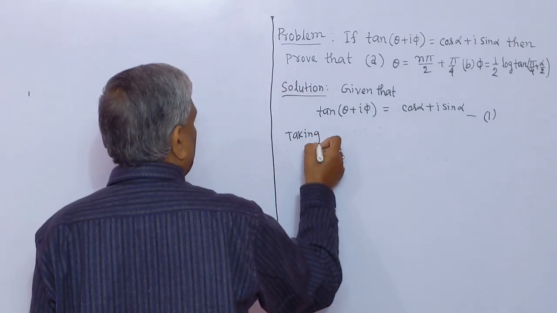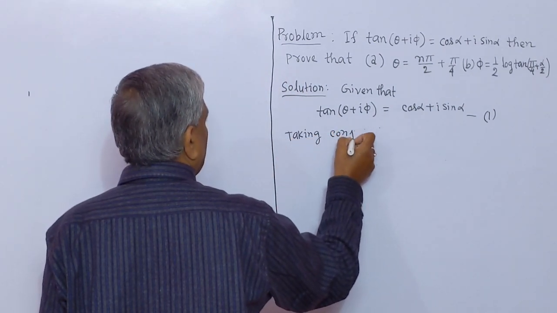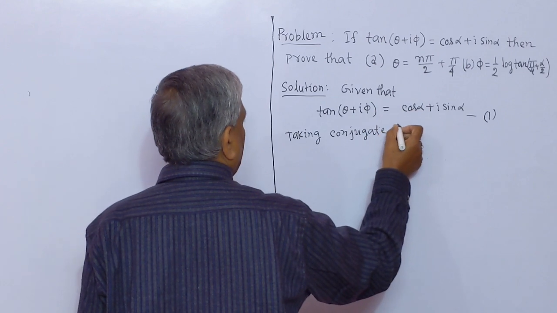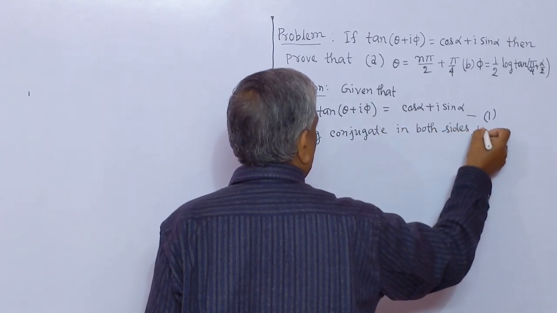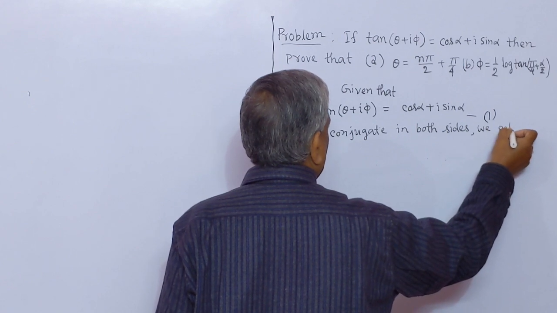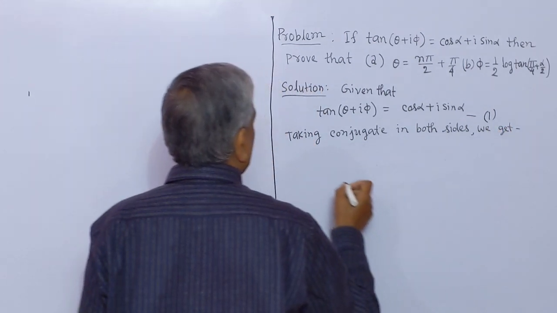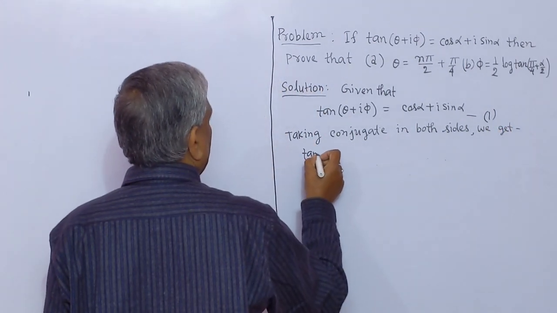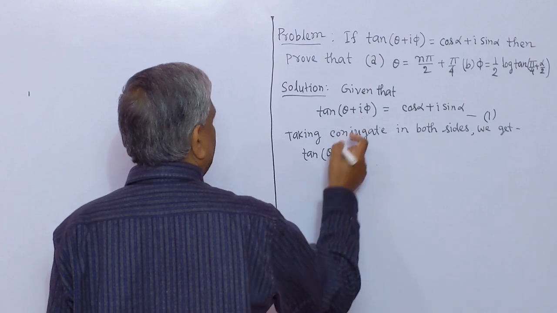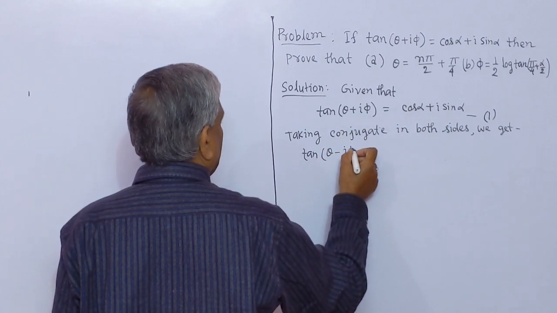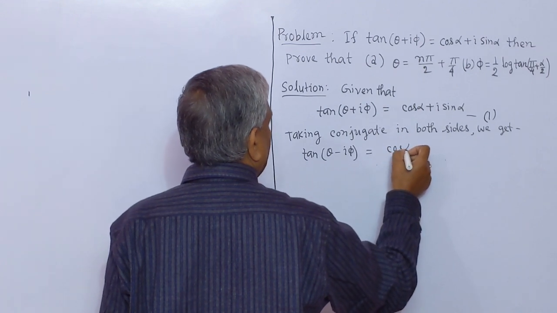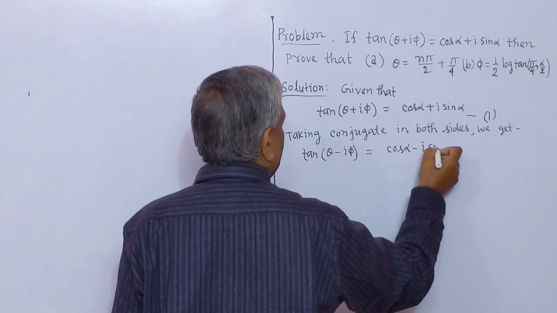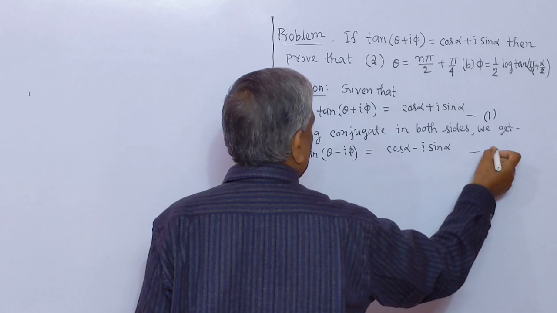Taking the conjugate on both sides, we get tan(θ − iφ) = cos α − i sin α. This is number two.